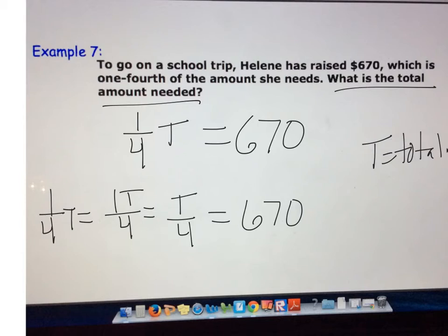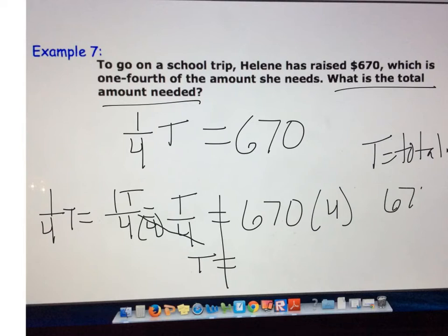The opposite of division is multiplication, so I can use the multiplication property of equality to cancel these out. 4 divided by 4 is going to equal 1. The 1 does not need to be written, so that's going to leave me with my variable T. On the right-hand side, I've got 670 times 4.